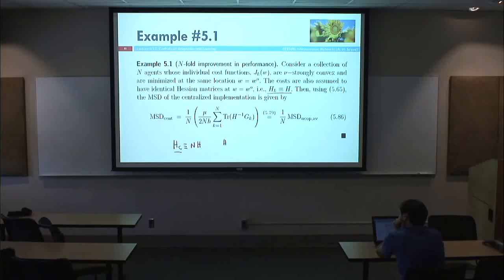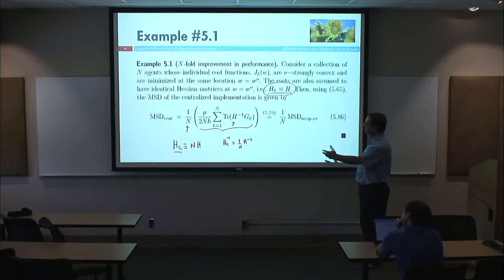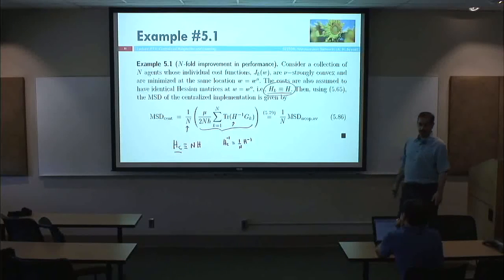So HC inverse will be 1 over N times H inverse. That's why you get this additional 1 over N and H inverse here. But when you write it like this, this is exactly the performance of the non-cooperative solution. So you can see that in this case, when the Hessian matrices are uniform across the agents, the centralized solution will again give you N-fold improvement.